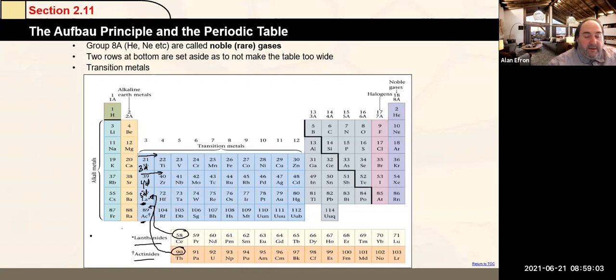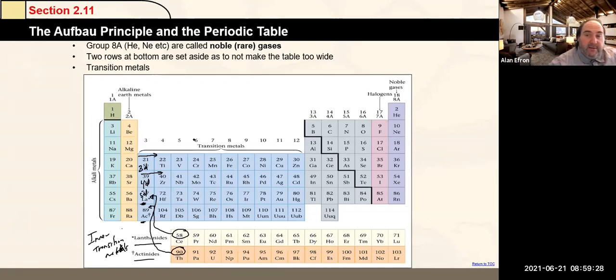So these two guys on the bottom are sometimes referred to as inner transition metals. Again, transition metals are within this region of the periodic table, and as we talked about, some slightly different things, right? Our S's are lost first in terms of electrons.